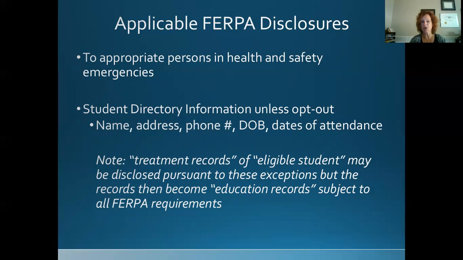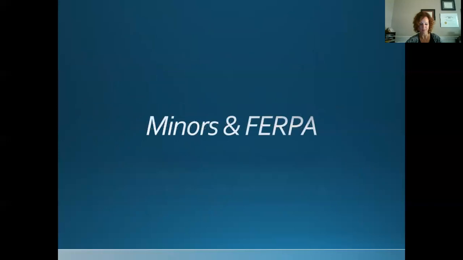But if those treatment records are disclosed pursuant to these exceptions, the records then become education records subject to all FERPA requirements, and that can have implications for who the information can be disclosed to. We're not going to go into a lot of detail about that today, but keep in mind that those treatment records of the older students could lose that additional level of protected status if disclosures are made under this laundry list of disclosures I just provided.